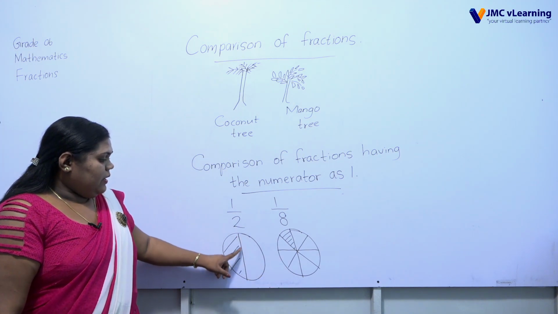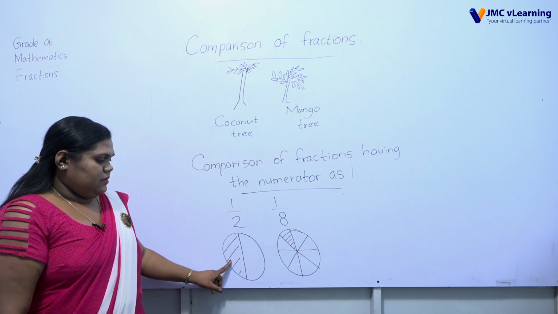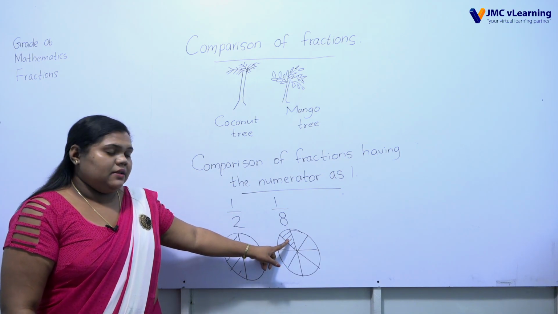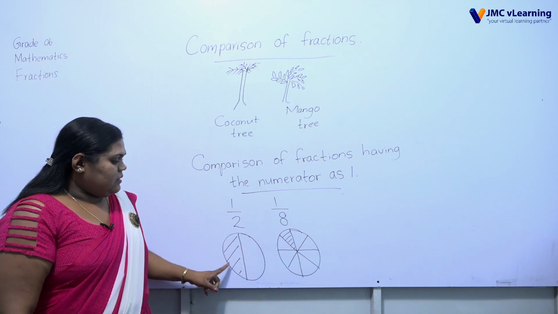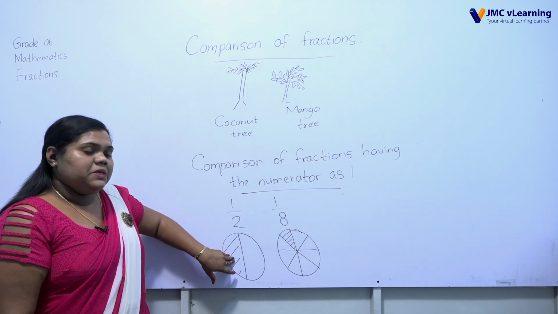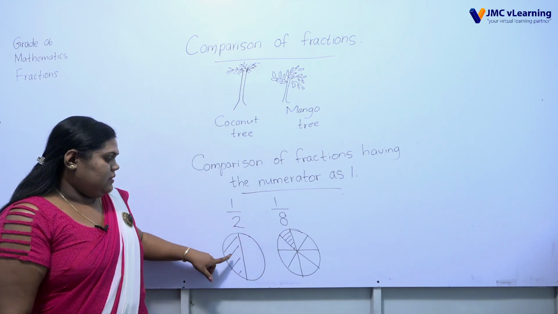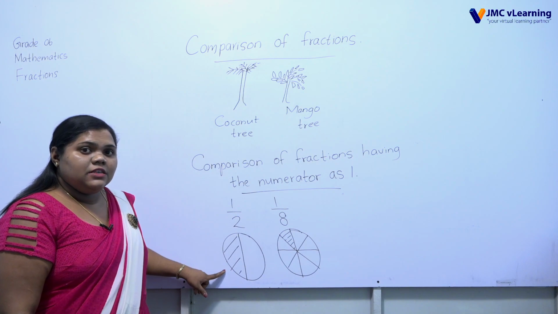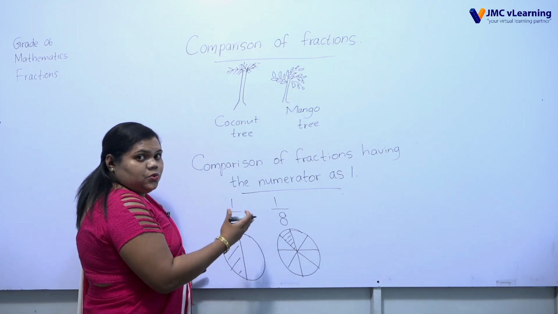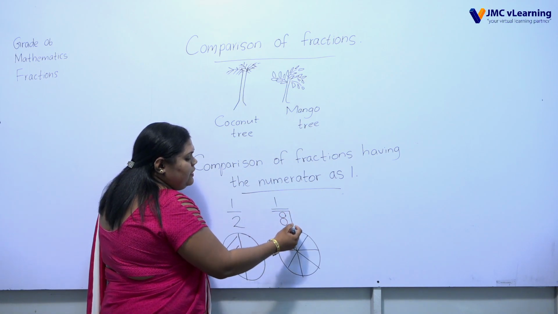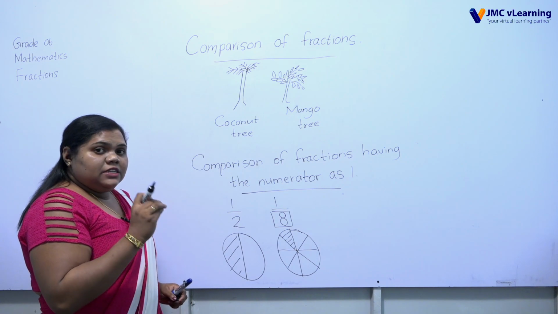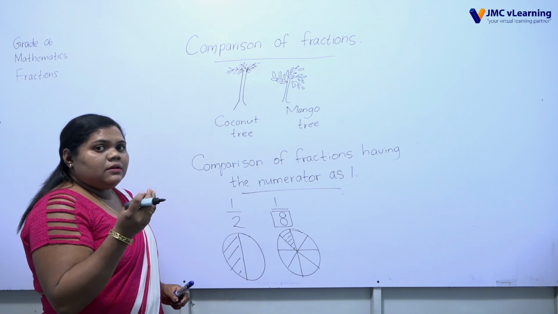Look at this part and look at this part. What can you tell? It shows this half is bigger than this part. It means when we are comparing unit fractions like this, if the denominator is bigger, it shows a small part.